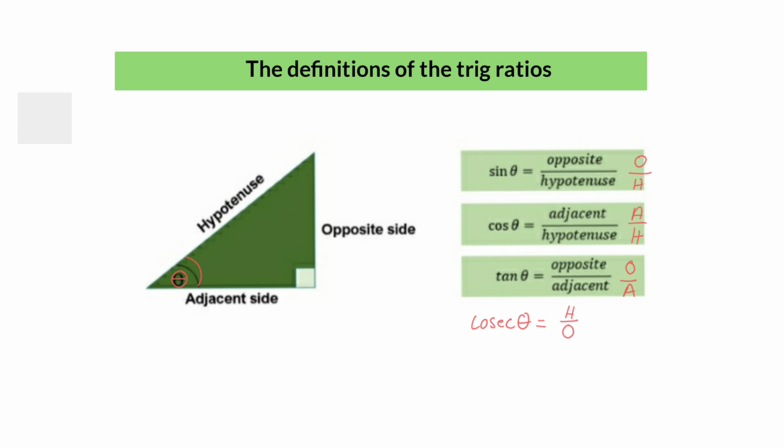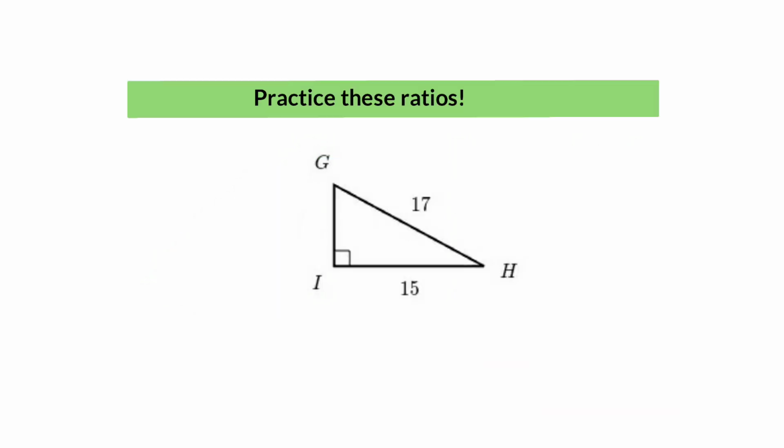If you take the inverse of A over H, you get H over A, and that is called sec theta. And if you take the inverse of O over A, you get A over O, and that is called cot theta. So these are your 6 functions, which you can refer to as different ratios of sides in the same right-angled triangle. Let's practice these ratios.